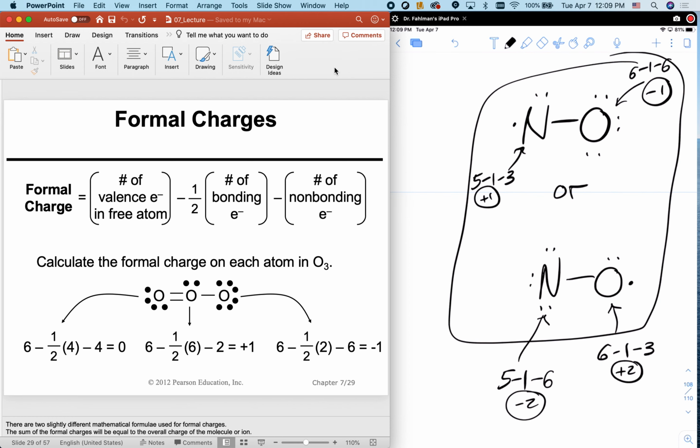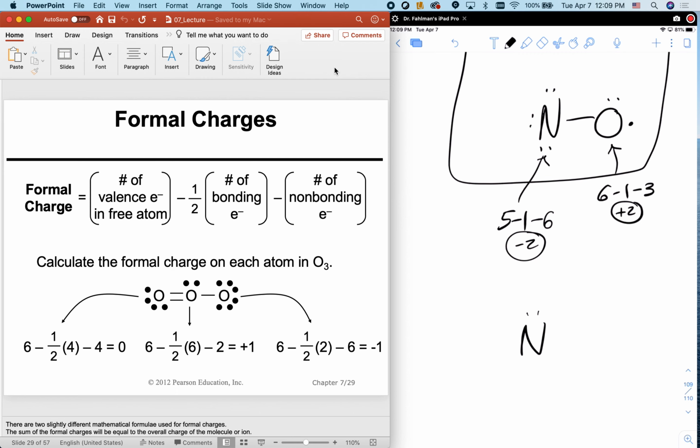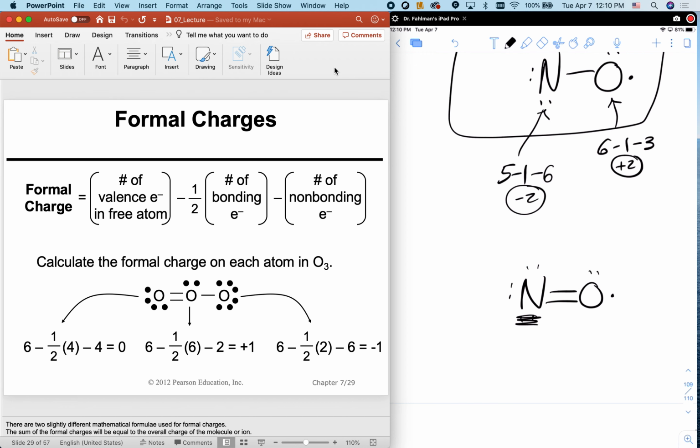So you can see that those formal charges are never going to be possible. A person could then say, well, instead of it being this, why not do a double bond? Say that instead. Now if you do the formal charges, it will be 5 minus 2 bonds, minus 4 dots, so that's a minus 1.